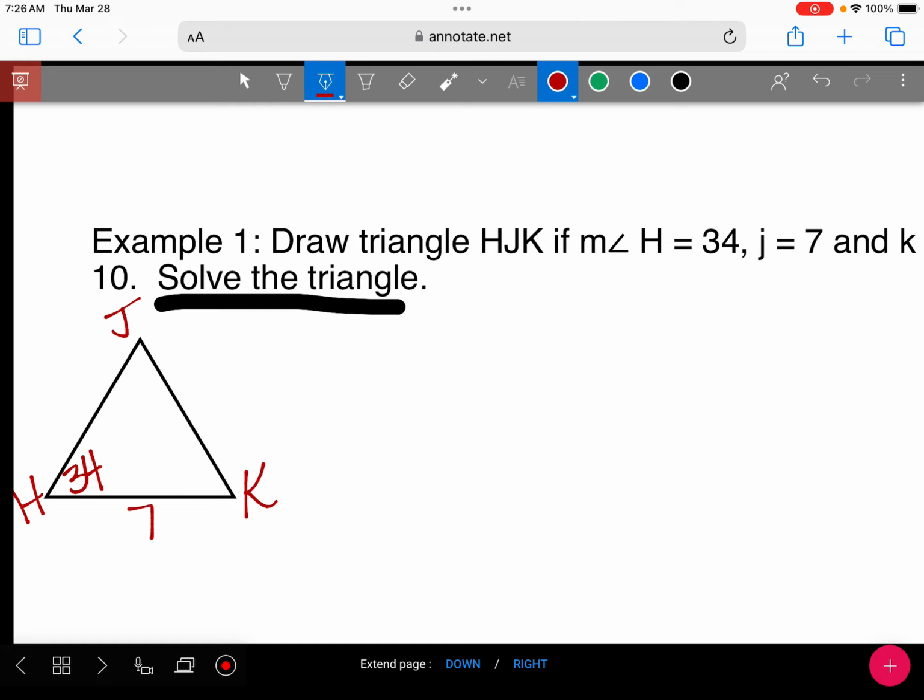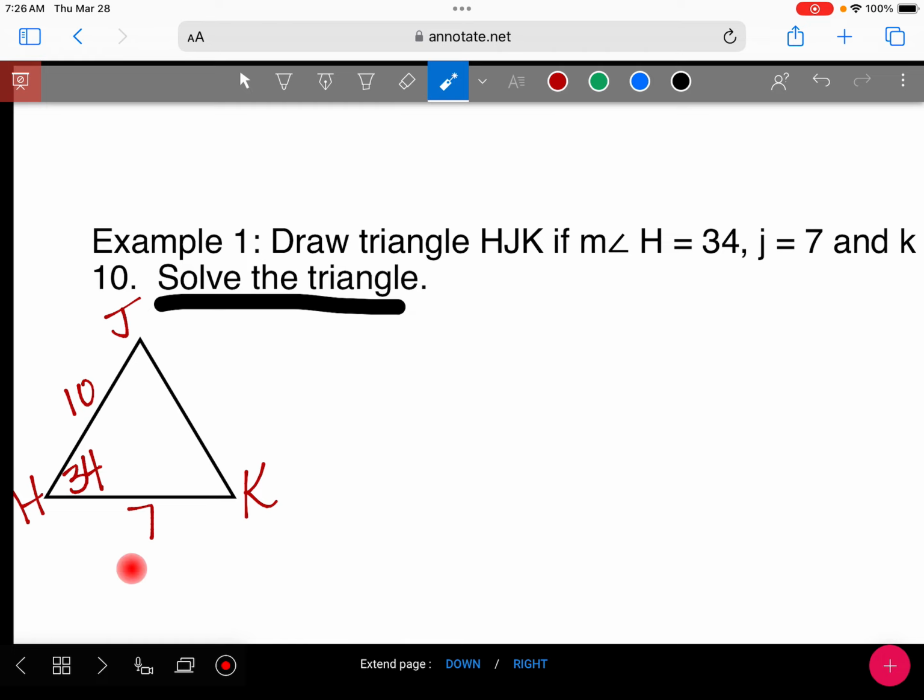Little j is 7. Little k is 10. So with that information, can we do the law of sines? Do we have a pair? And I don't have enough information the way it's set up to find J or K.